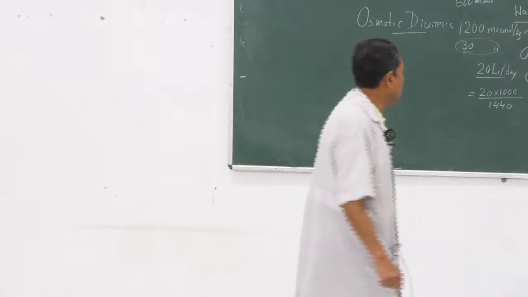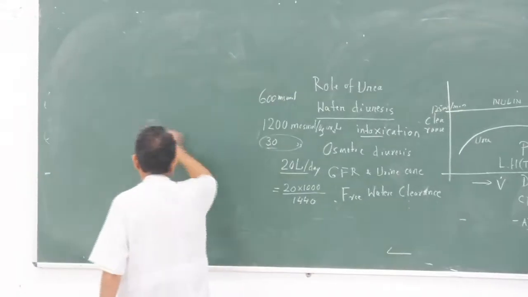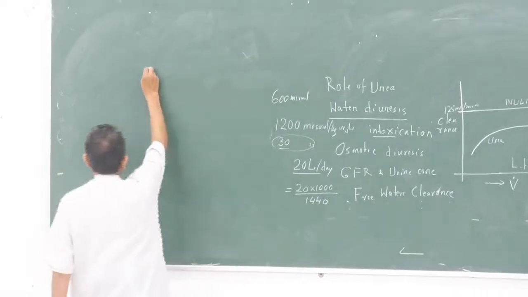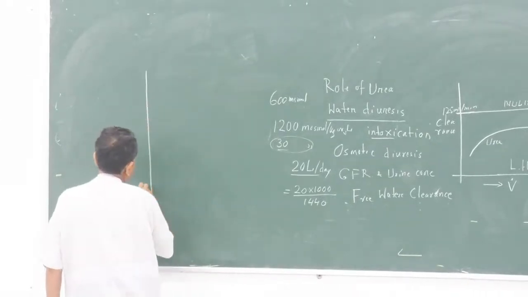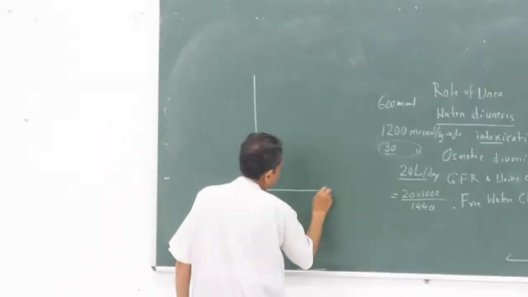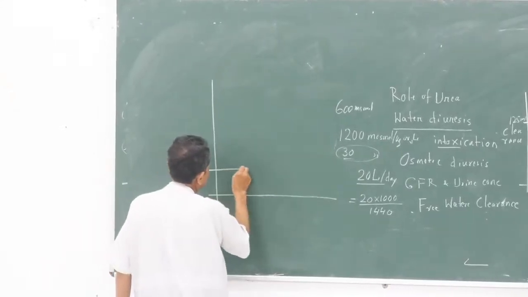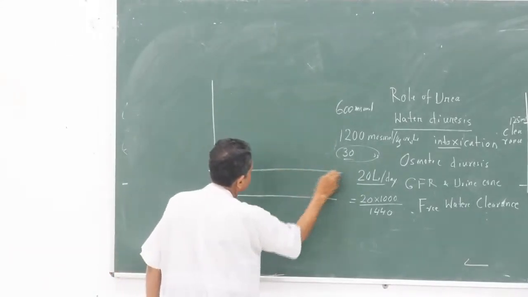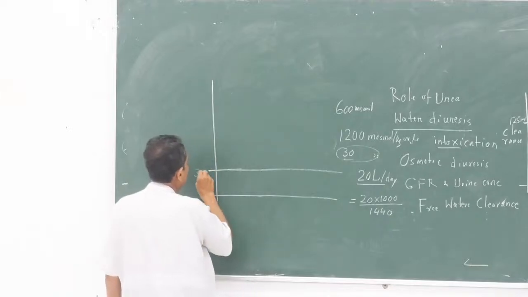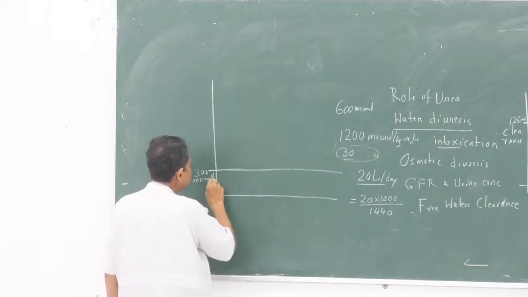And in the book you will find pictures like this. It is 300 milliosmol per kg.